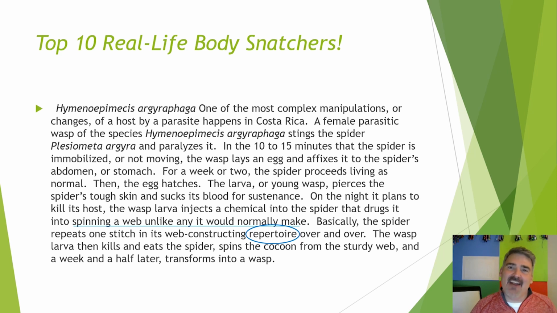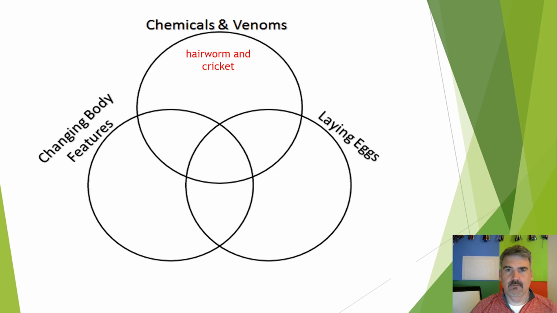So now let's add our notes to the Venn diagram that we've been working on this week. You already have out your copy, so let's take a look at it. Okay, so I know that you may not have the text right in front of you, but I think your notes will help.